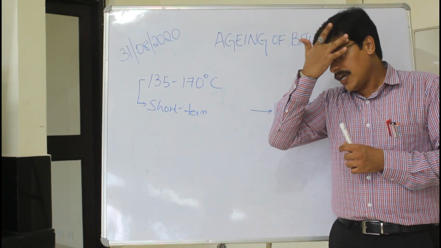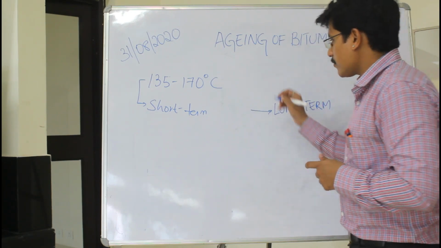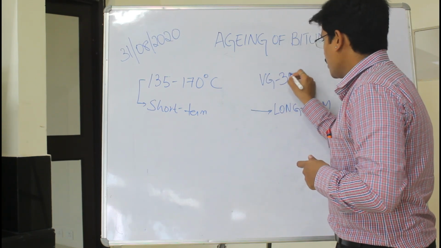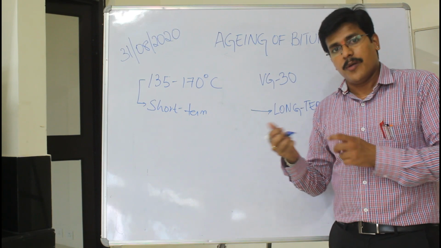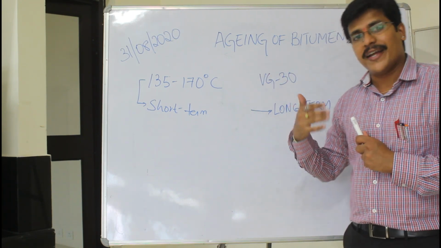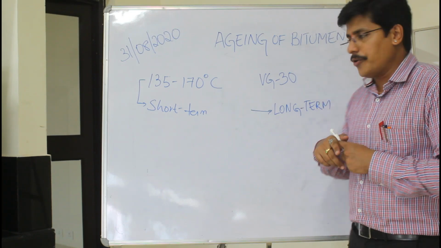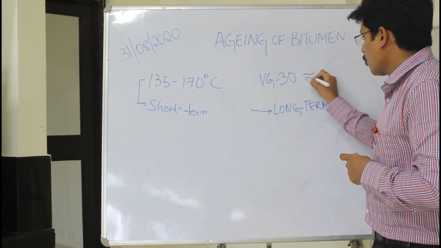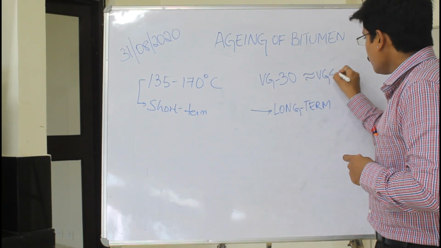Let's say you are designing for a VG30, depending on the climatic conditions the pavement is serving. But if this bitumen has more aging tendency, in a small duration it can become harder. Let's say it turns out to be VG40.